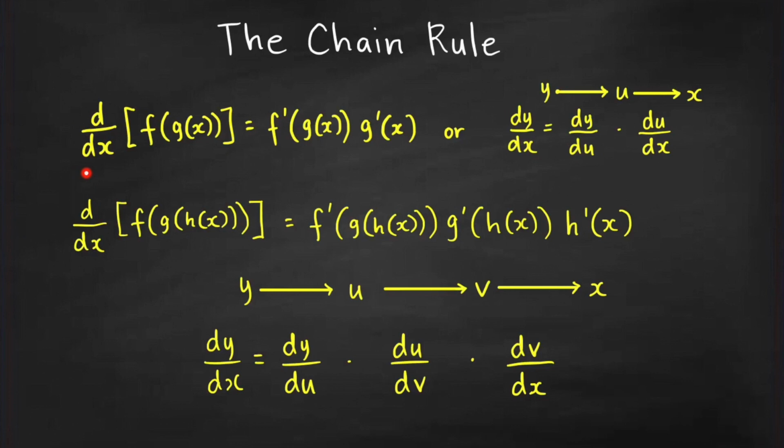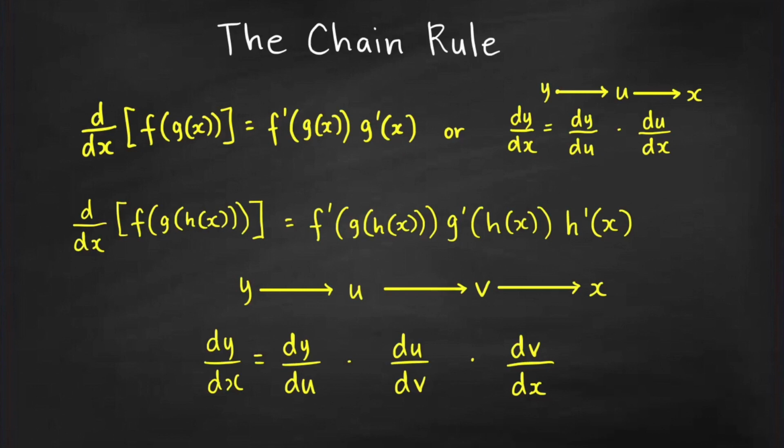The derivative of this with respect to x is just equal to f prime evaluated at g of x times g prime of x. So we compute the derivatives from the outside to the inside. First we take the derivative of f and evaluate it at g of x, and then multiply that by the derivative of the inside function, g prime of x.